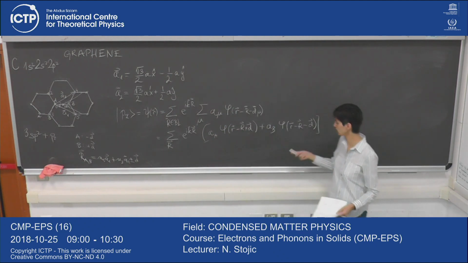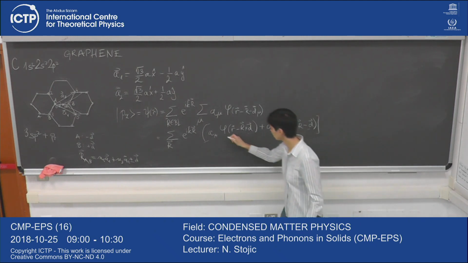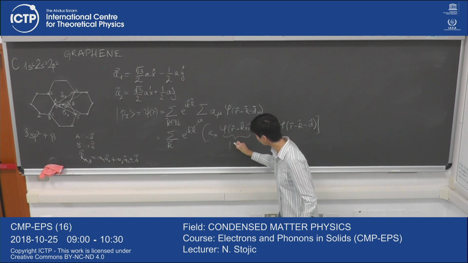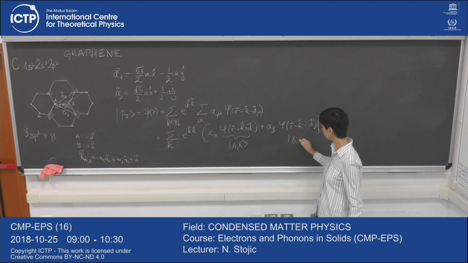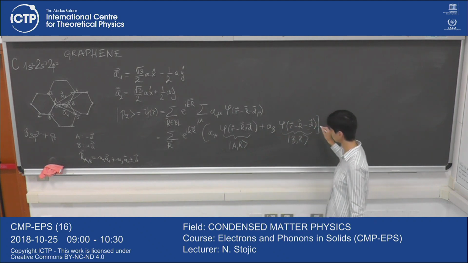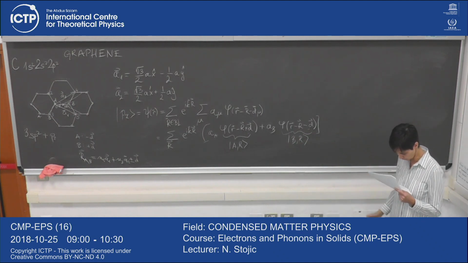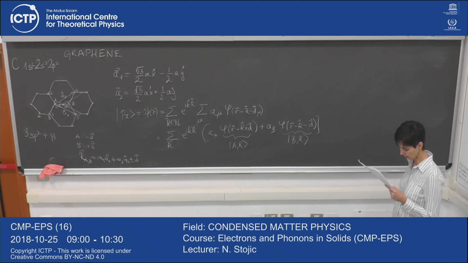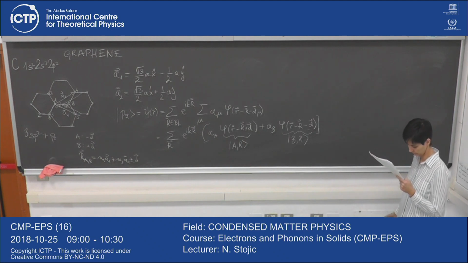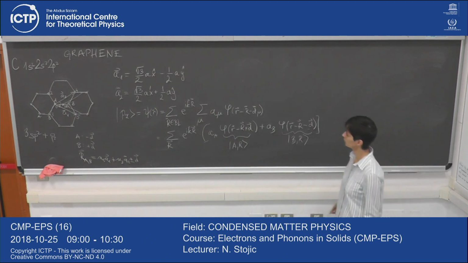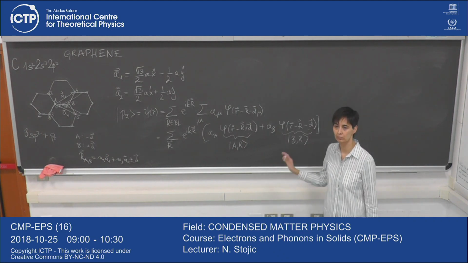So this is minus D, this is plus D. Nothing smart. To make the notation shorter, I'll call this the A state and this the B state. Everybody's following so far, no?